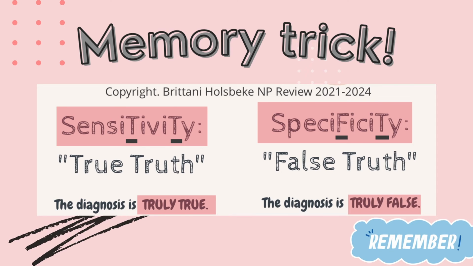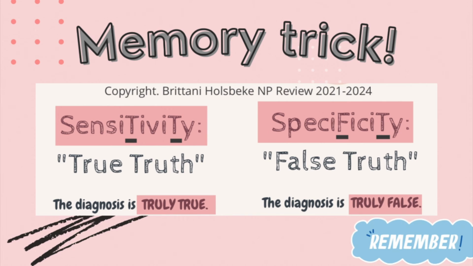So sensitivity has two T's for truly true, the diagnosis is truly true, and specificity has a T and an F for truly false, meaning the diagnosis is truly false. Keep repeating that in your mind over and over. I swear you will never forget the difference between the two.